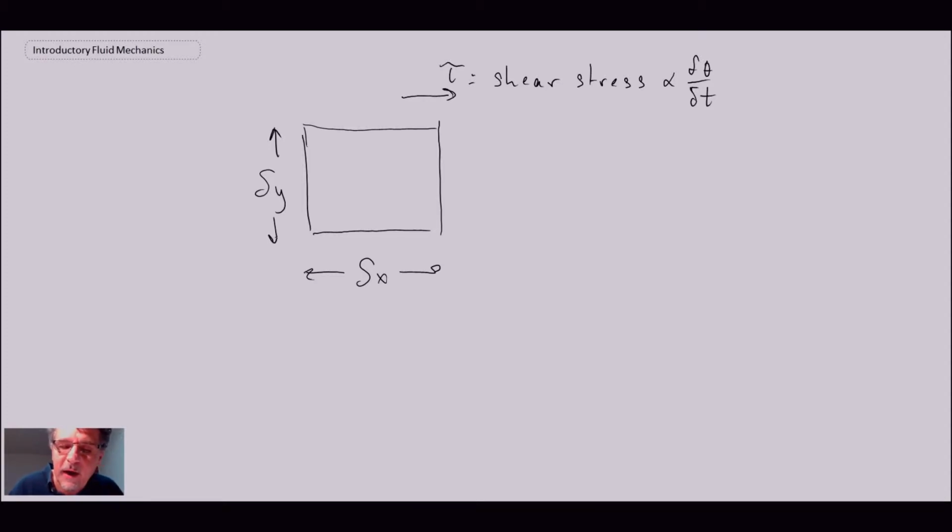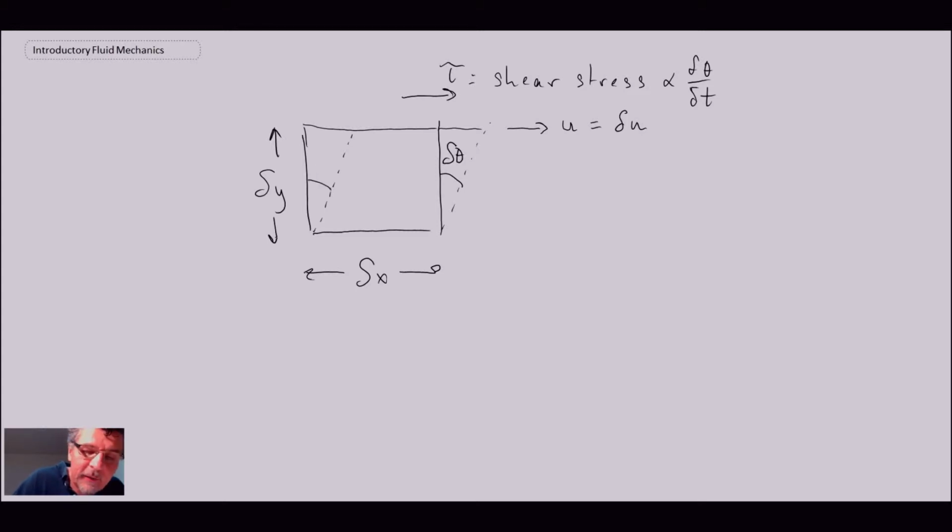So let's assume that we apply this shear stress. What will happen is the fluid element itself is going to deform, and it'll look something like that, at a later point in time. Assume that the velocity at which we're deforming is delta u. In a given amount of time, the fluid element is going to deform through a certain angle, and we'll call that angle delta theta.